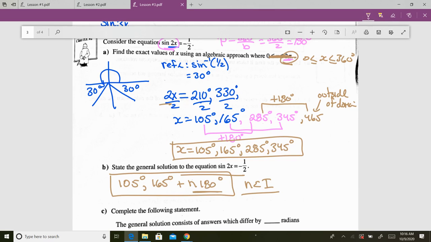That's important. All right, it's multiples of the period of this function. Is that okay? All right, 4, 5, and 6, please.